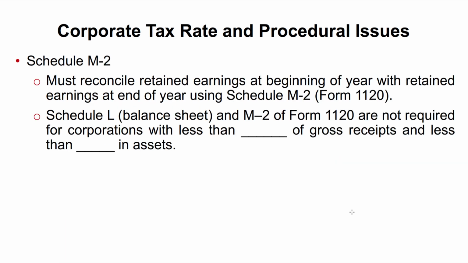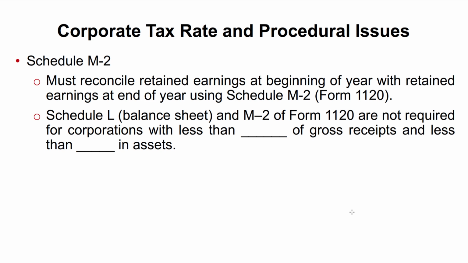Okay, next, M2. Schedule M2 deals with reconciling retained earnings, which is a financial statement item, at the beginning of the year with retained earnings at the end of the year. It shows what the differences are. Now, Schedule L, which is the balance sheet, and M2 on Form 1120 are not required for corporations with less than, you got it, $250,000 of gross receipts and less than $250,000 in assets.